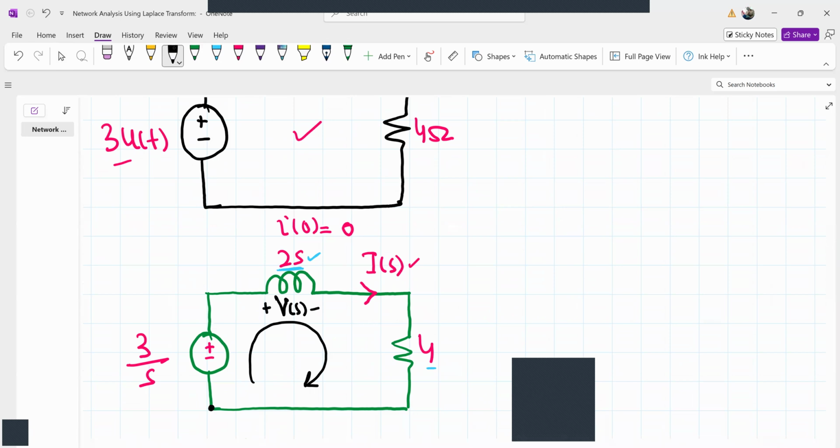Remember all the techniques: once you have converted the circuit into the Laplace transform version, all the methods that are valid for resistance are valid for impedances now. 2s of this inductor is simply the impedance offered by the inductor. So how are V of s and I of s related? They are simply related by Ohm's law.